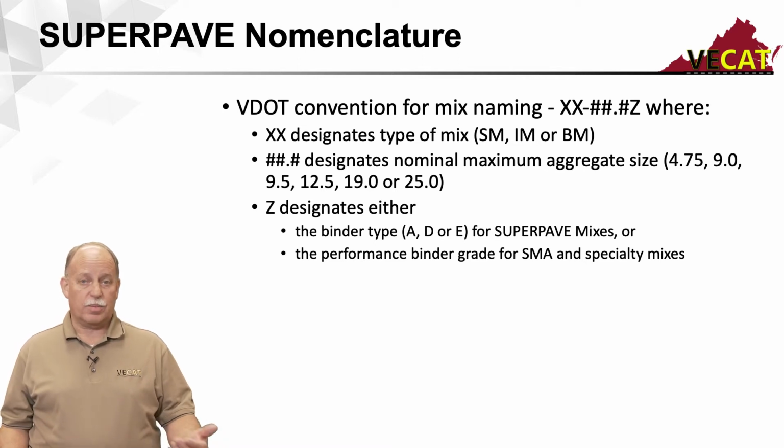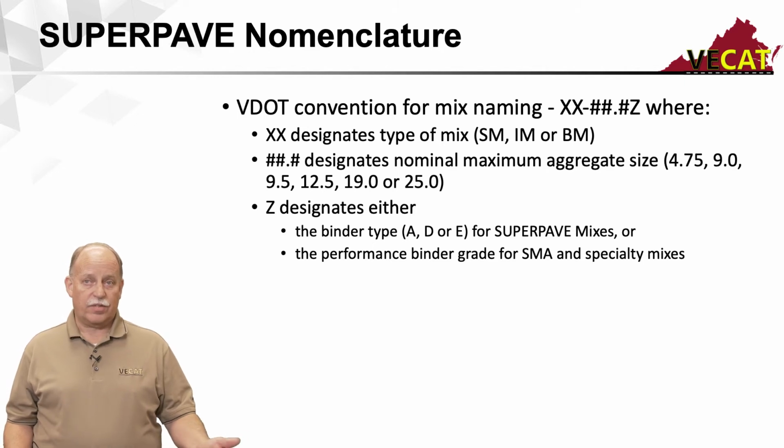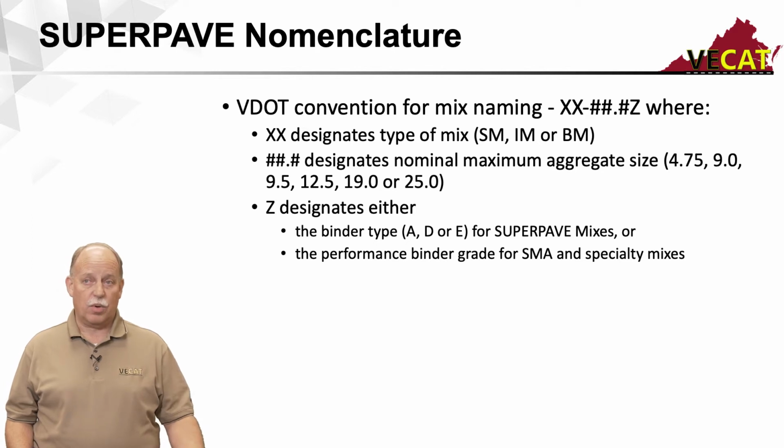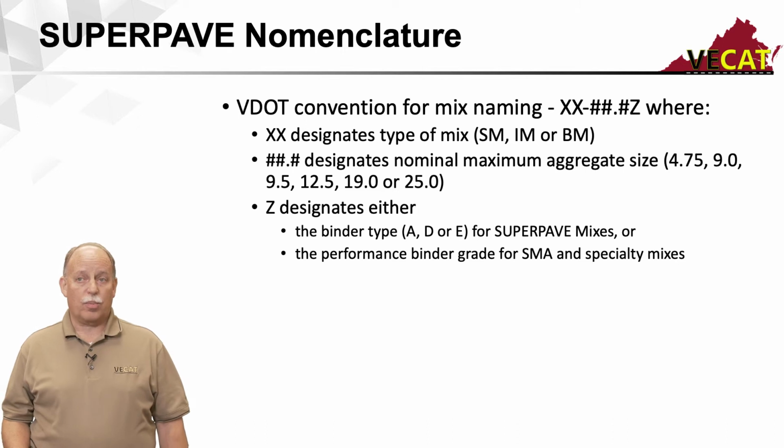So 19 is about 3/4 of an inch, 12.5 millimeters is about 1/2 of an inch, and 9.5 millimeters is about 3/8 of an inch. That Z designates either the binder type, again that A, D, or E that we spoke of previously for our SUPERPAVE mixes, or the performance grade for SMA mixes or for specialty mixes.